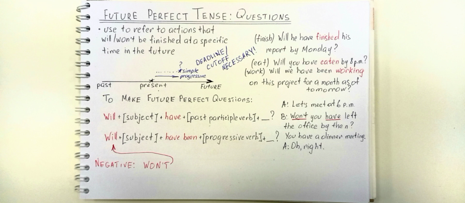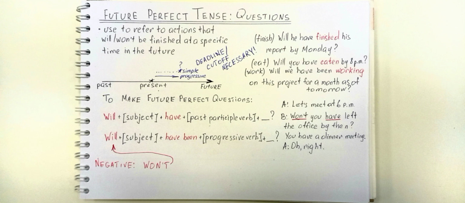If, however, we want to make a future perfect progressive question, we can use a very similar pattern. We begin again with will plus subject plus have, but to make the progressive form, we need to use have been, and instead of the past participle form of the verb, we use the progressive or the continuous form of the verb, the ing form of the verb.